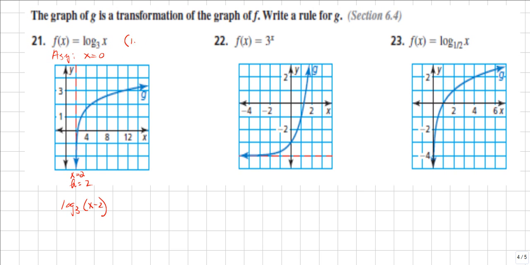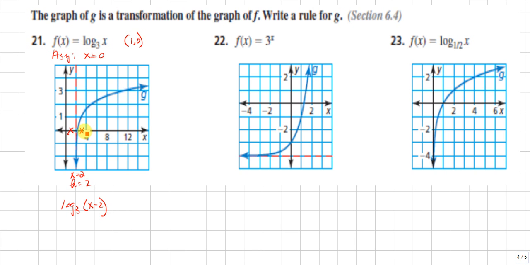Now what we need to do is look at the one point that is the same for all logarithm parent graphs, which is the point 1, 0. So what happened to the point 1, 0? It normally would be here, because this has some weird scales. That would be 1, 0. We would have expected that point, if all it had was an x shift, to move over 2 to be at 3, 0. We'd expect it to be right there. But it's not.